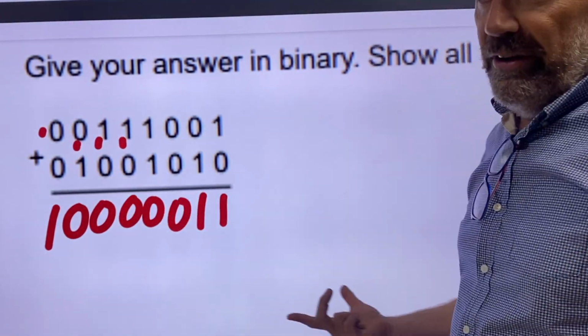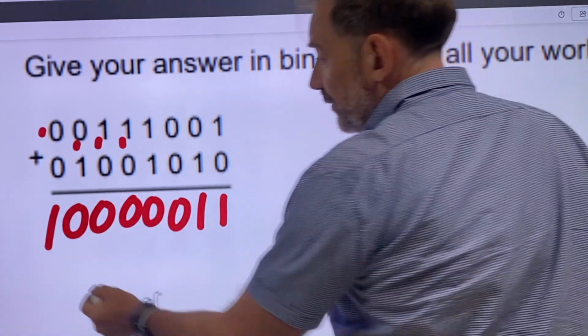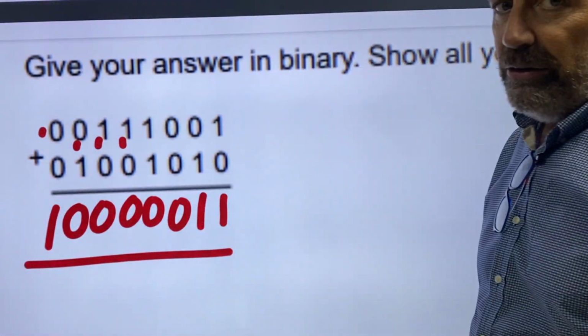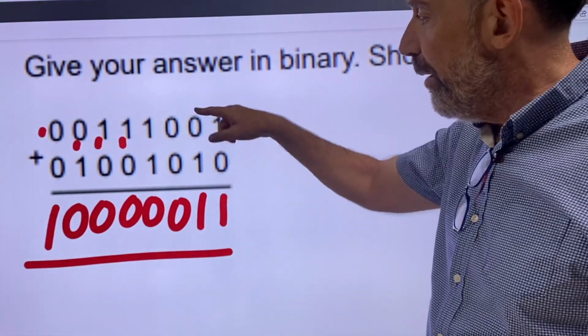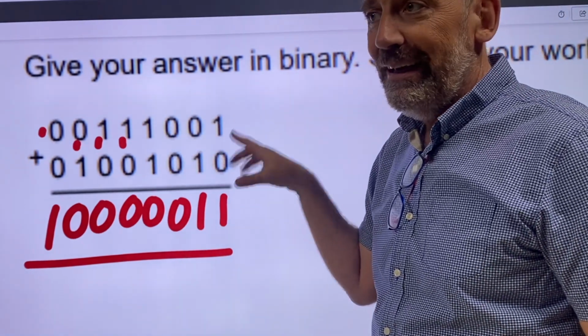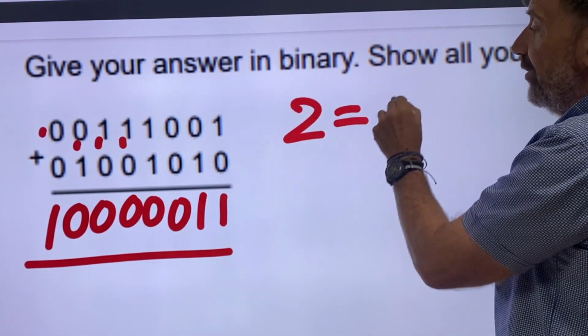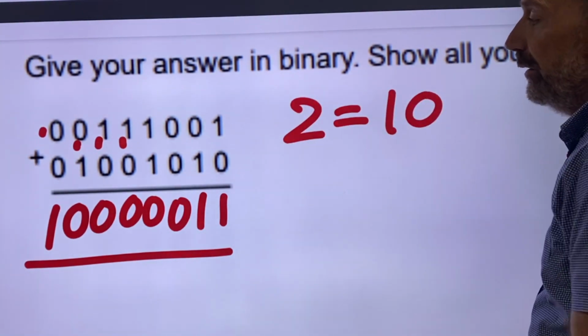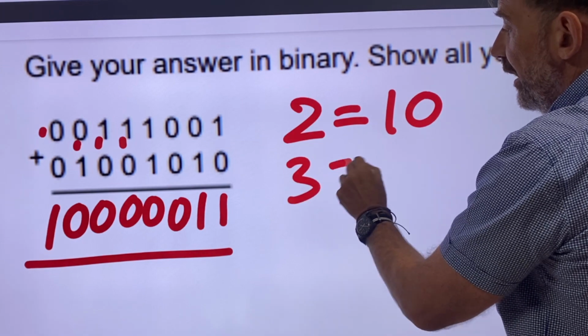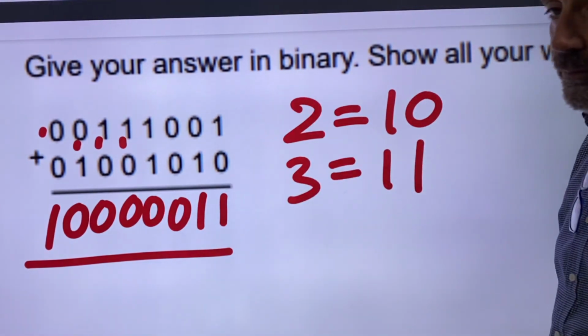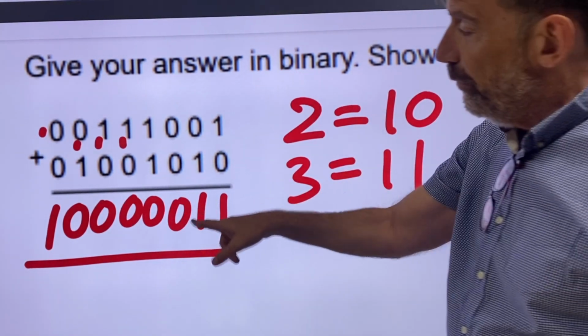Or you could have converted it into denary. But I think by now you all should be able to do that. You must remember that you can only have 0s and 1s. You cannot have the number 2. Number 2 equals 1, 0. 3, if it ever came up, equals 1, 1. So that would be it.